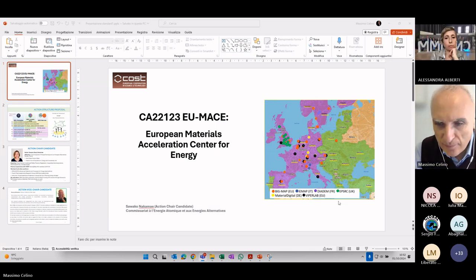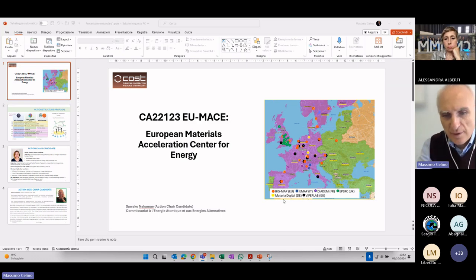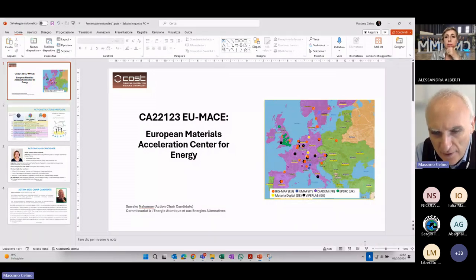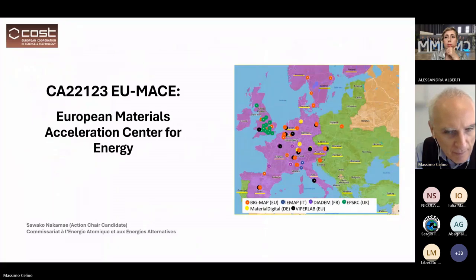IEMAP is one of them. There is a big map, IEMAP, Diadem, EPSRC from the UK, Material Digital in Germany, Hyperlab, an infrastructure project for PV. That's very interesting. Many institutions are involved all over Europe.